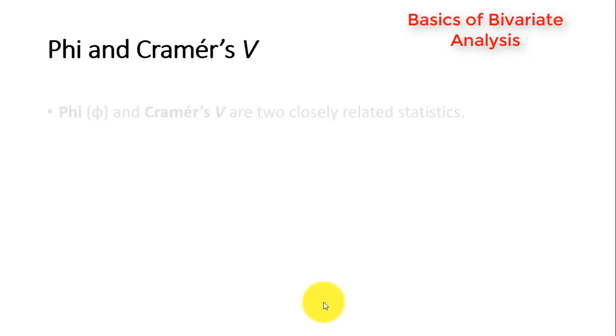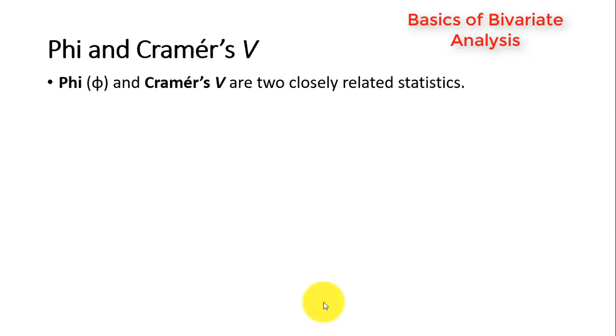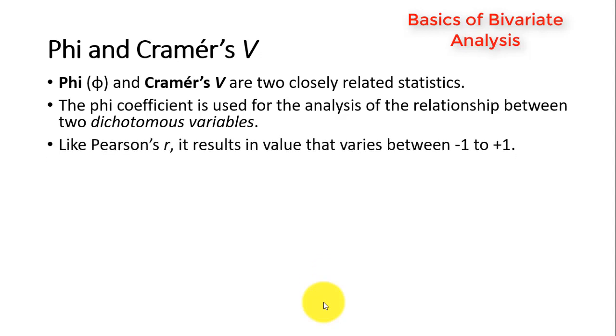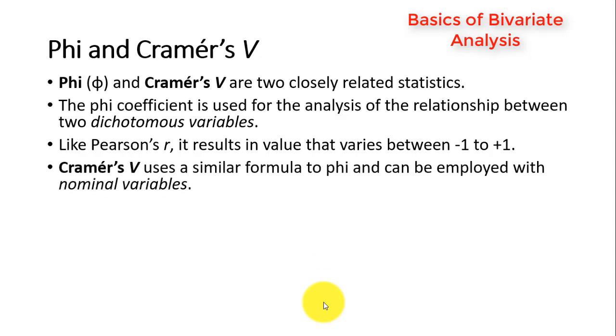Phi and Cramer's V are two closely related statistics. The phi coefficient is used for the analysis of the relationship between two dichotomous variables, as was seen in the table suggested by Bryman and Bell. Like Pearson's r, it results in a value that varies between -1 and +1.